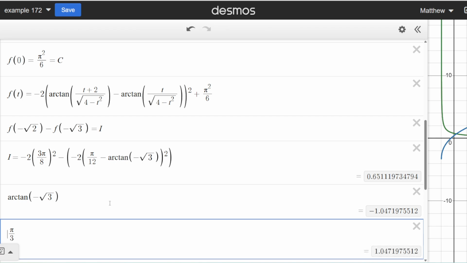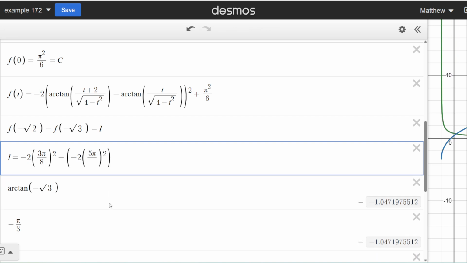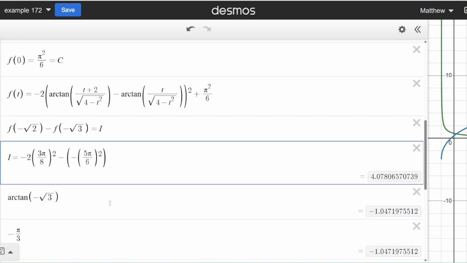That's negative pi over 3. All right, so we'll copy this here. So that's going to become a plus pi over 3. So that's 5 pi over 12, or 5 pi over 6, 5 pi over 6 once we get rid of this 2.